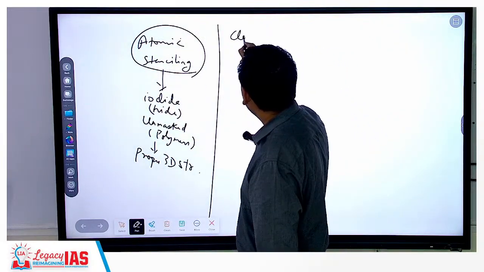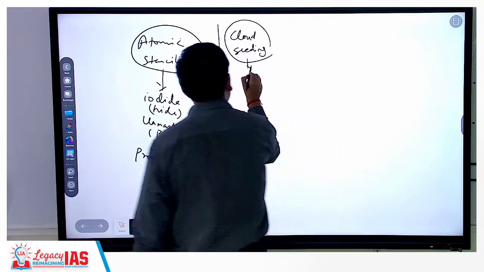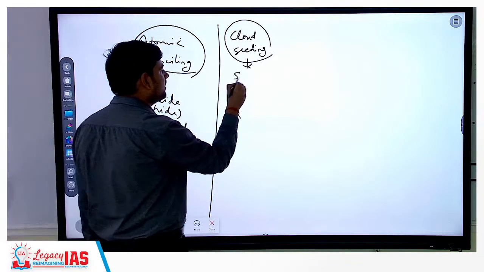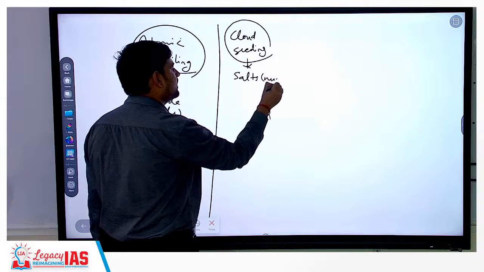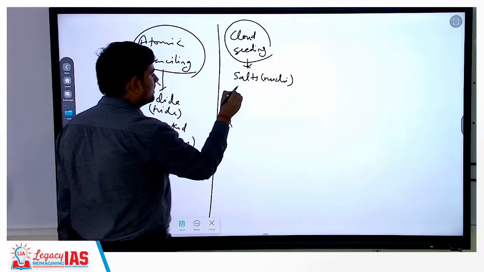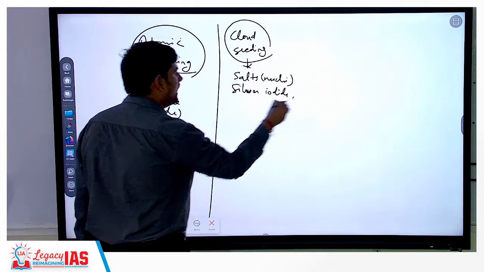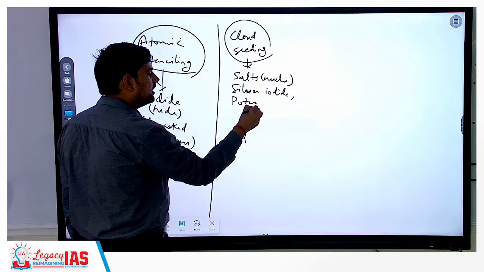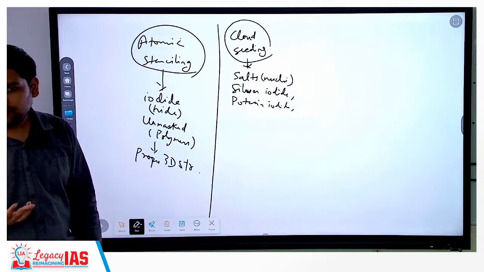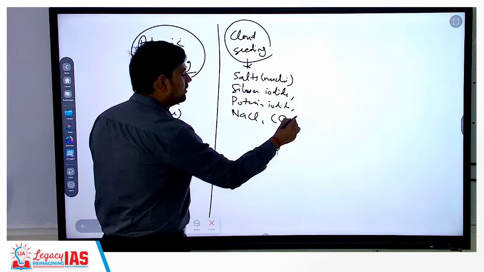Cloud seeding. In this we were using some different kinds of salts or nuclei. Examples? Silver iodide, potassium iodide, and more, sodium chloride and dry ice CO2.